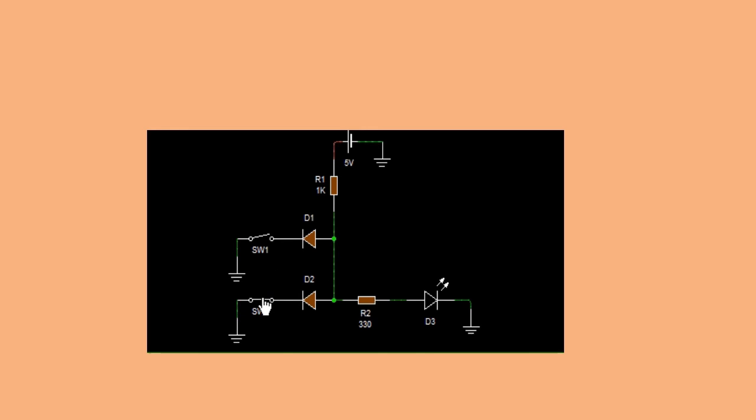Fourth condition. When both inputs, that means switch 1 and switch 2, are in on condition, that means logic high state, we see the current flow direction through the circuit. Both the D1 diode and D2 diode paths are open now because switch 1 is open, switch 2 is open.